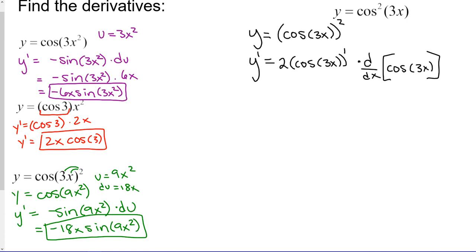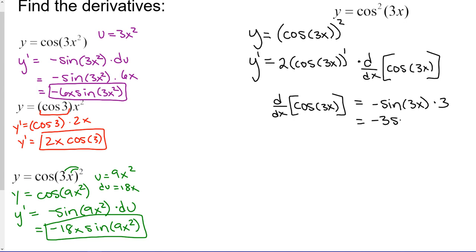Now our derivative of cosine of 3x is going to be something like we were just doing over here. So derivative of cosine is negative sine of 3x, and then we're going to multiply by the derivative of the inside, which is 3. So this is going to be negative 3 sine of 3x.